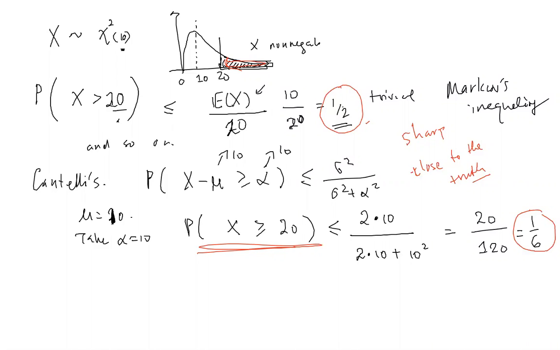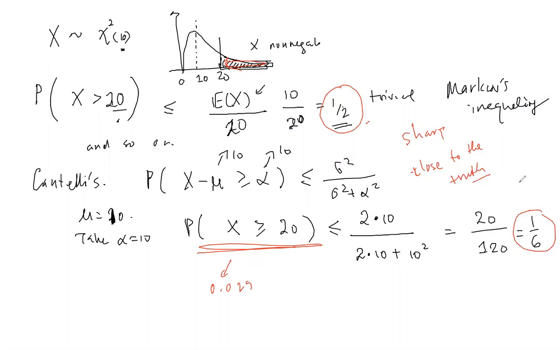Did I make some mistakes in the calculations? The actual value is 0.029. Oh, it's correct.